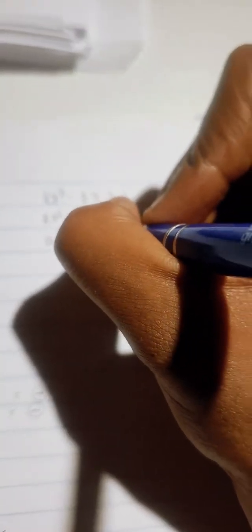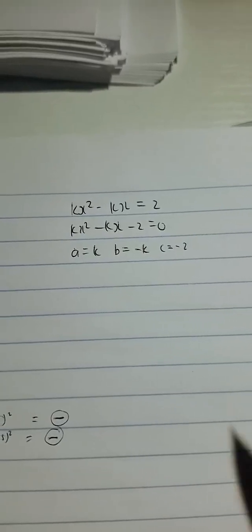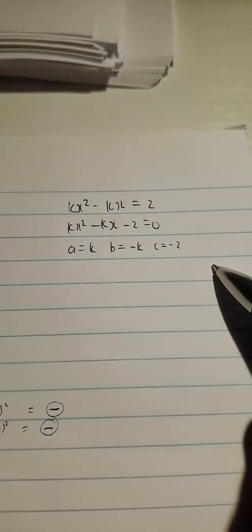Then what you do, you write the equation in standard form, of course. Then you identify a, b, and c. A is equal to k. You guys have done that already. So it's standard form, identify a, b, and c.